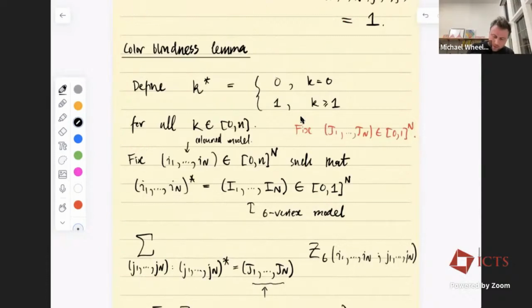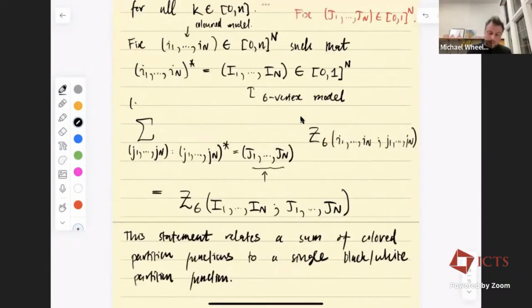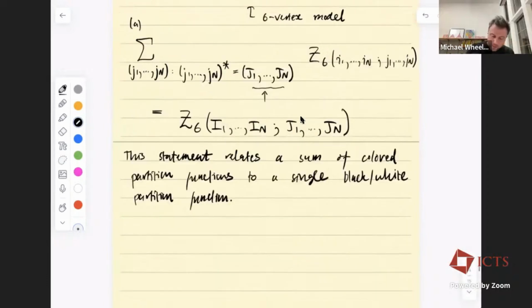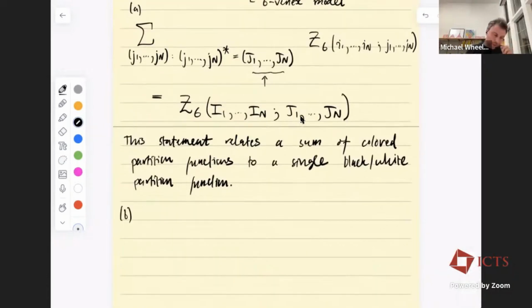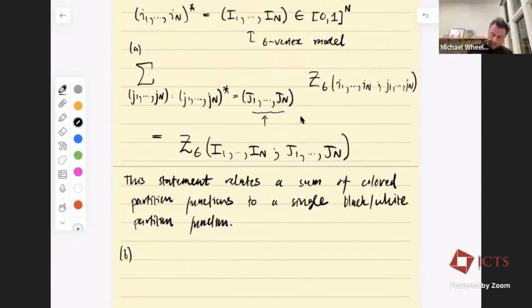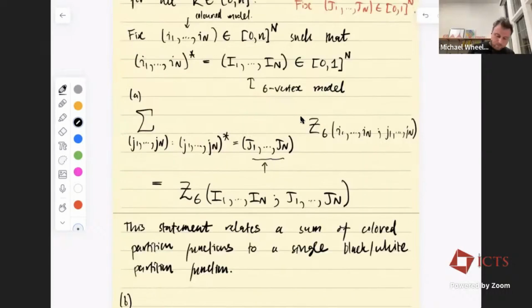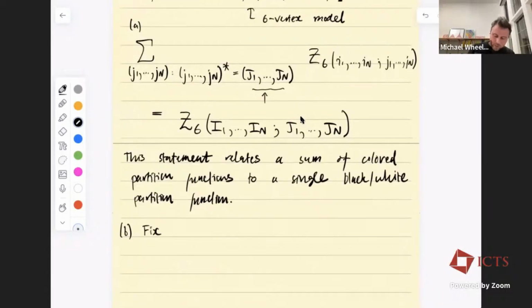All right. So this was, I guess, statement A for color blindness. And as you will guess, there is something very, very similar if, instead of summing over the outgoing states, you sum over the incoming states. So this time we'll fix the vector I1 up to IN that lives in {0, 1} to the n.